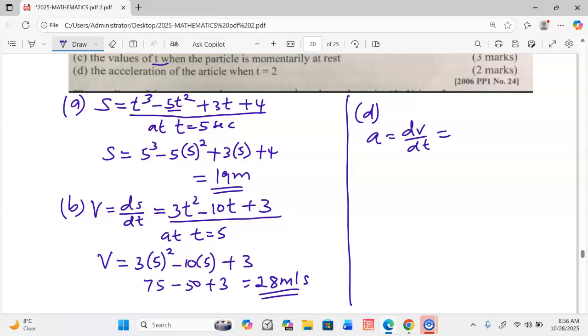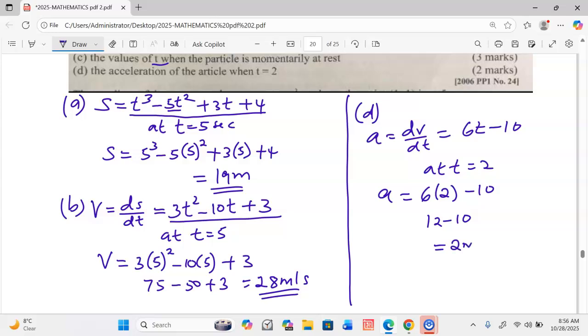The velocity function is 3t squared minus 10t plus 3, and if you differentiate this function, we are going to have 6t minus 10. In this case, at t equals 2 seconds, the acceleration is going to be equal to 6 times t, which is 2, minus 10. 6 times 2 will give us 12 minus 10. And this is going to give us 2 meters per second squared as the acceleration of the particle when t equals 2 seconds.